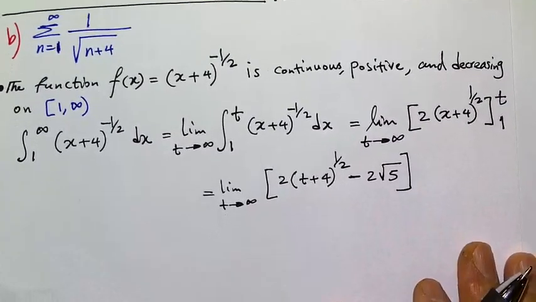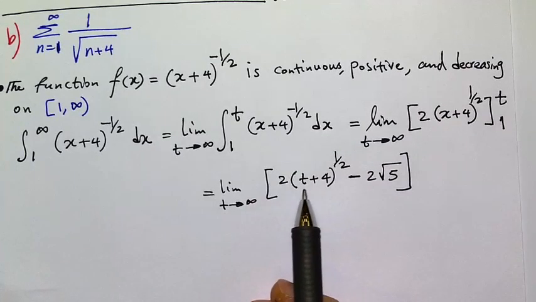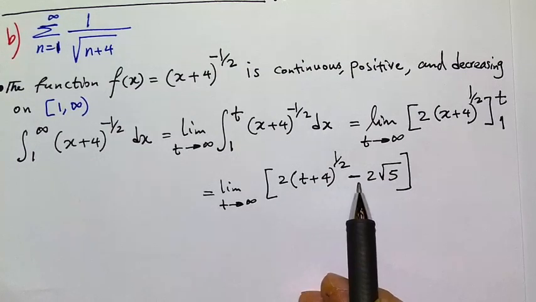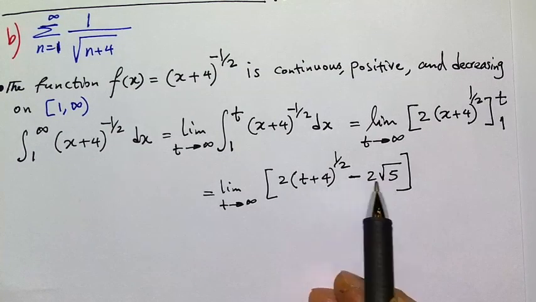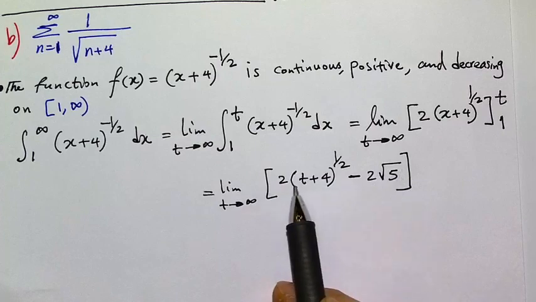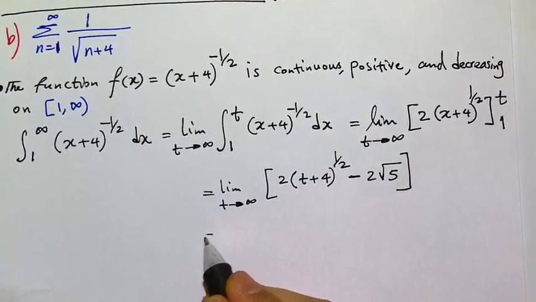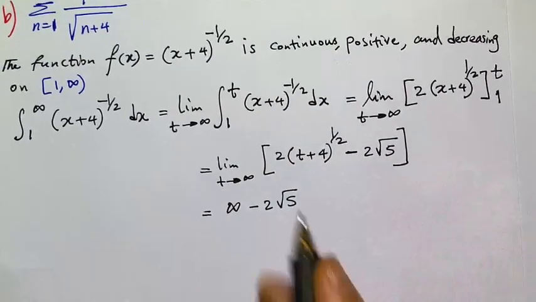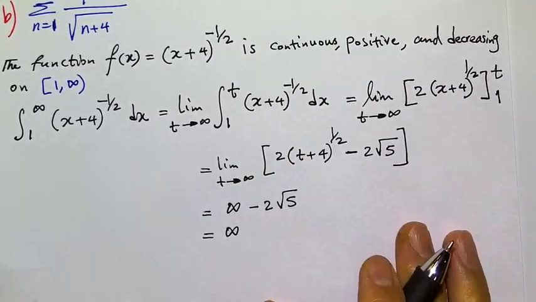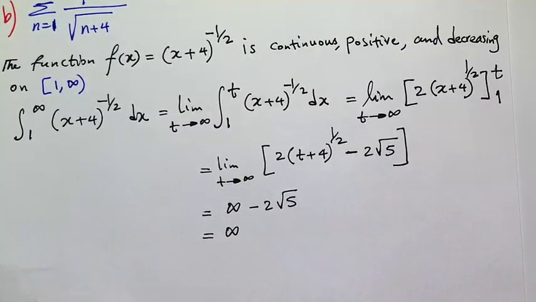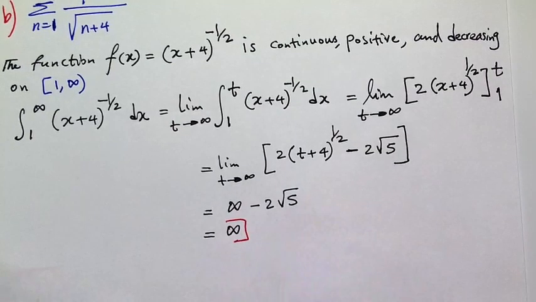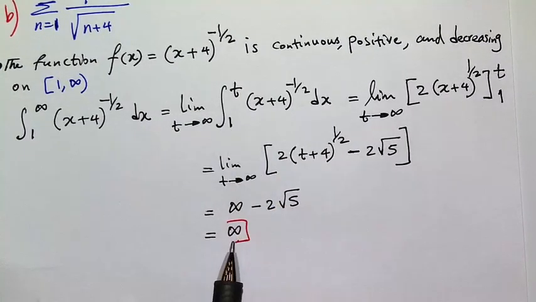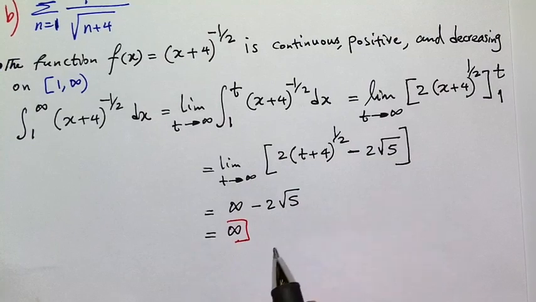Now if we apply the limit to this, of course, the first term is going to be infinity. Subtracting 2 square root of 5 from infinity, it's still infinity. So the integral diverges. The integral leads to infinity, not some real number.